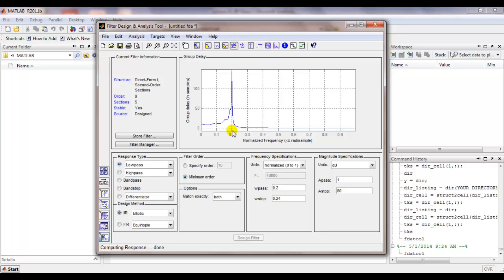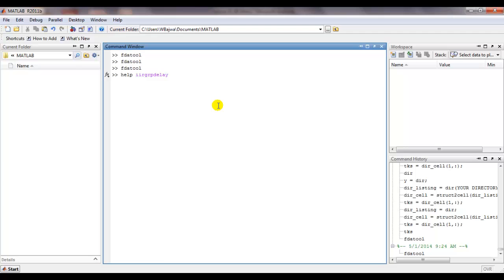Now, the other thing I want to point out, I've been playing with this tool because it's really useful, but one thing that you should really know is that behind this tool are actually MATLAB functions, and if you ever want to implement something, you should learn how to code those MATLAB functions. For example, the arbitrary group delay knobs that I played with, behind that toolbox, it's really using a function called IIR group delay.